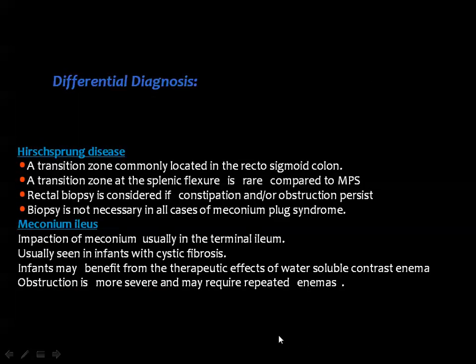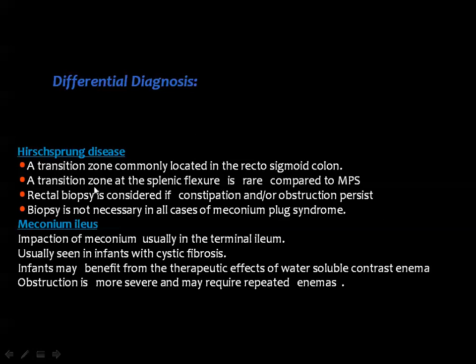And this disease has to be differentiated from Hirschsprung disease, where the transition zone between the narrowed segment of the colon and the normal colon is usually located at the rectosigmoid colon, but in small left colon syndrome, it is present a little bit higher up.